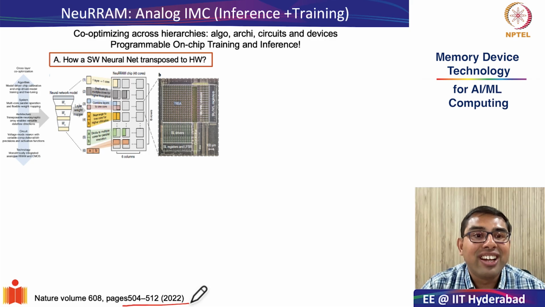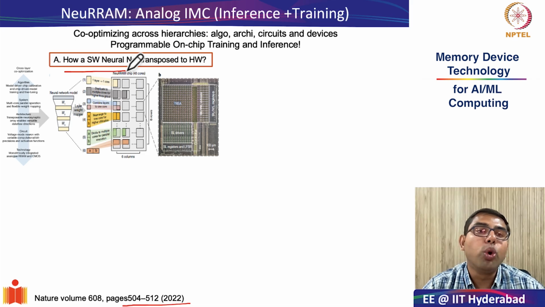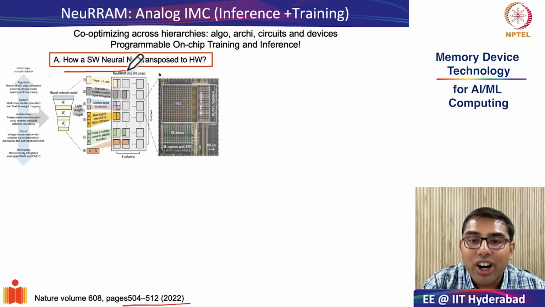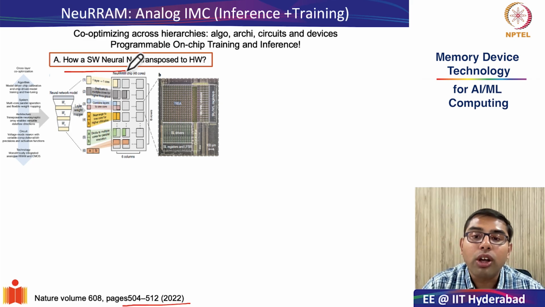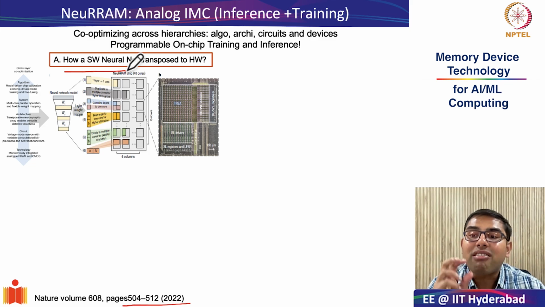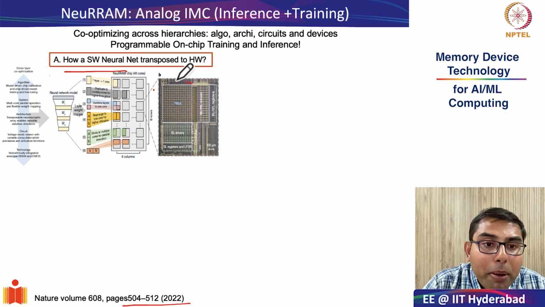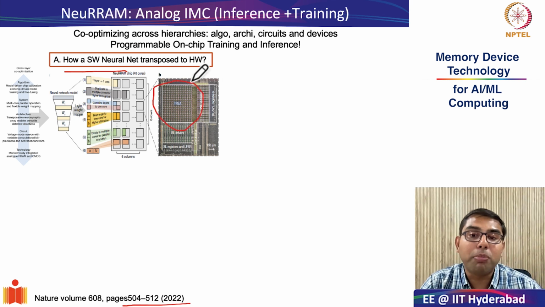So first, let's focus on how they manage to transform a software neural network into hardware. This was done by having NeuRAM as a 48-core analog in-memory computing chip, where each core consists of a transposable neurosynaptic array, which is capable of doing analog vector matrix multiplications.